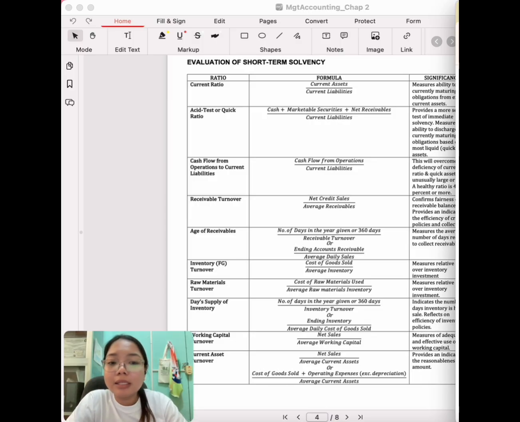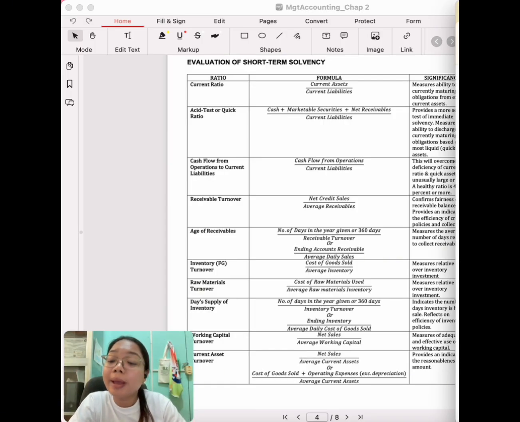So, this ratio tells us about the efficiency of the company's credit and collection policies. If, for example, si customer, bumili siya on credit or nangutang, the company needs to collect those receivables, di ba?